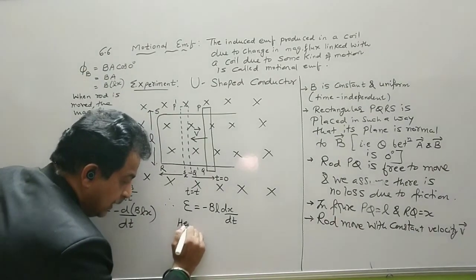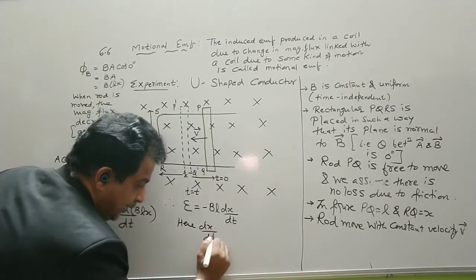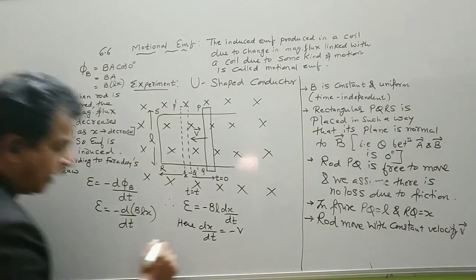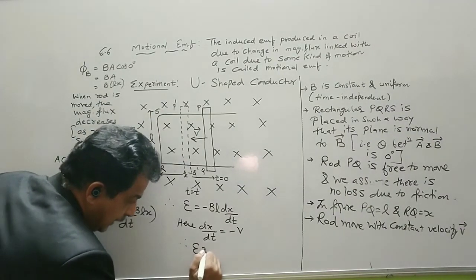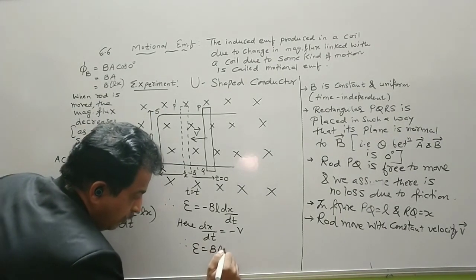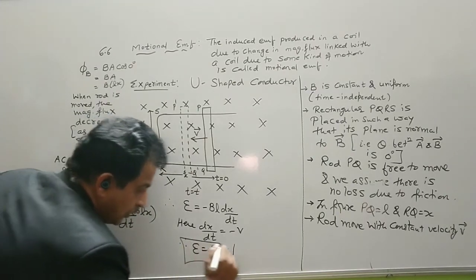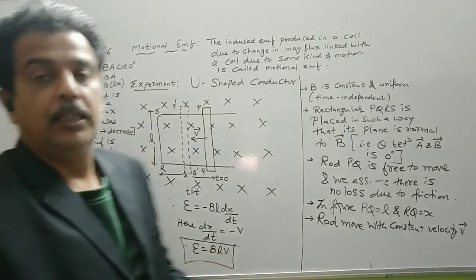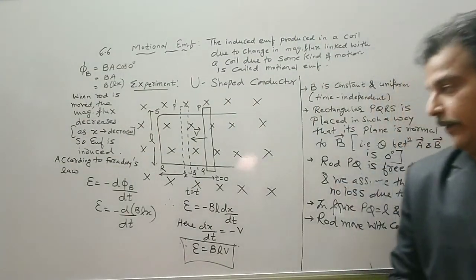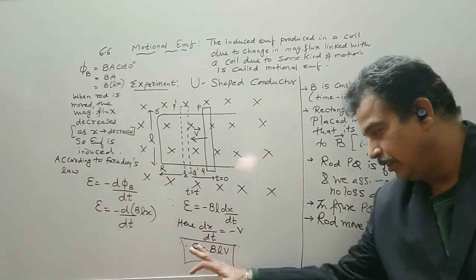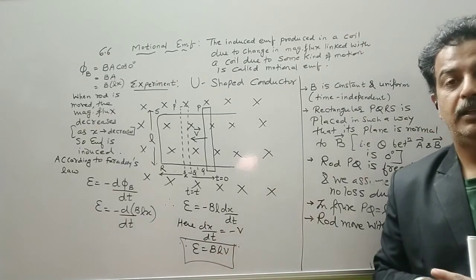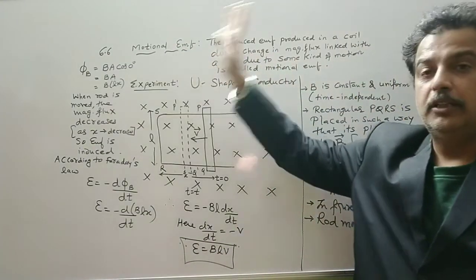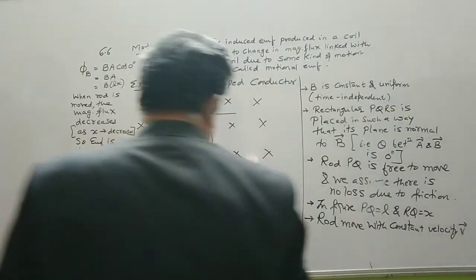So here dx by dt is equal to minus v, and therefore E is equal to BLV. So this is the general formula. The EMF induced in the coil is BVL. This induced EMF is called motional EMF.